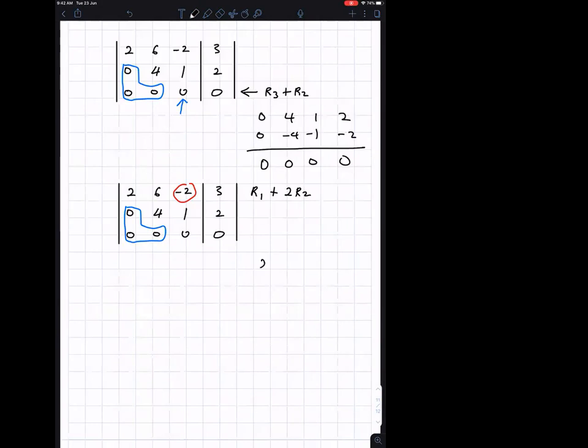Row 1 is 2, 6, minus 2, 3. 2 times row 2 is 0, 8, 2, 4. Add them up and we get 2, 14, 0, 7.